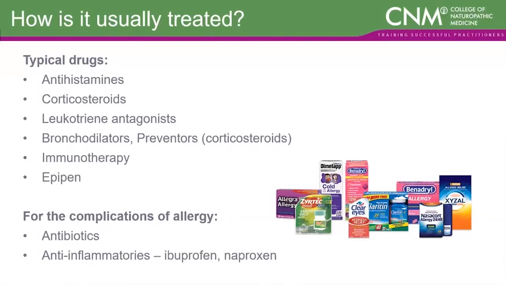So ideally, what they started doing is giving leukotriene antagonists to children that were non-responsive to things like bronchodilators or antihistamines. The leukotriene antagonists work very similarly to an antihistamine, just with a different chemical. Where an antihistamine is blocking the histamine, leukotriene antagonists are blocking leukotrienes, which is another kind of inflammatory molecule.